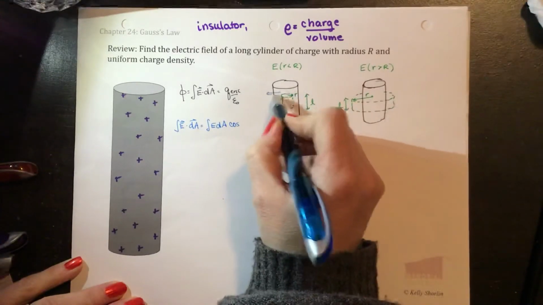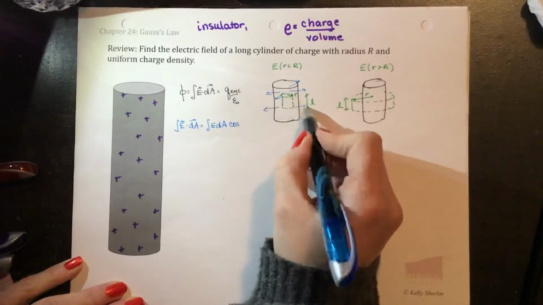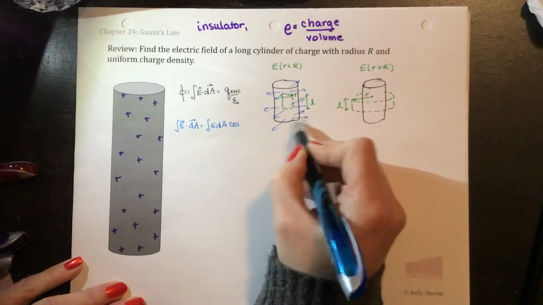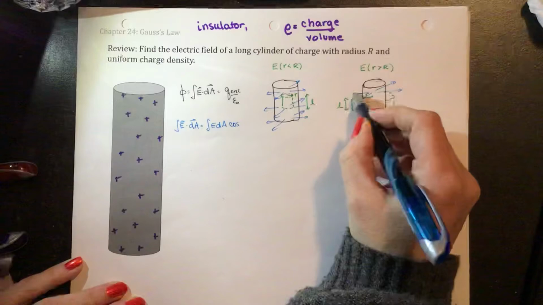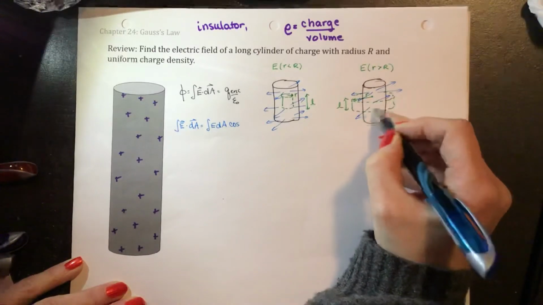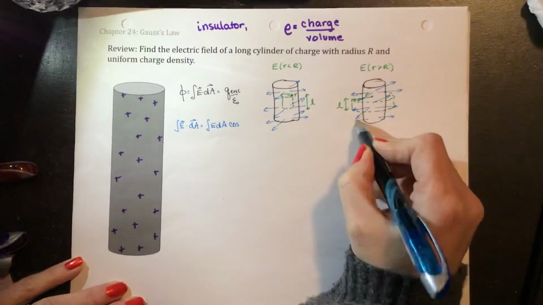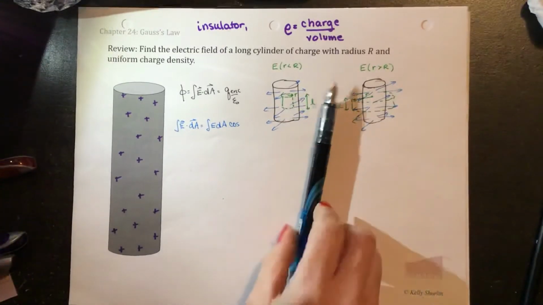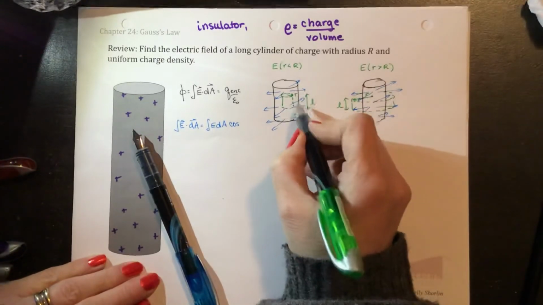For a cylinder, we've got radial symmetry with our electric field, so it comes out in all directions. Likewise over here. So the blue arrows are showing the electric field. The direction of my area vector is different for the different places on my Gaussian surface.